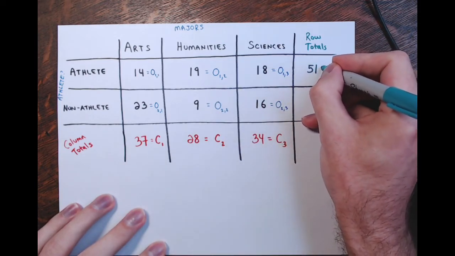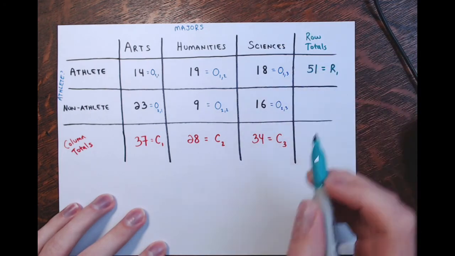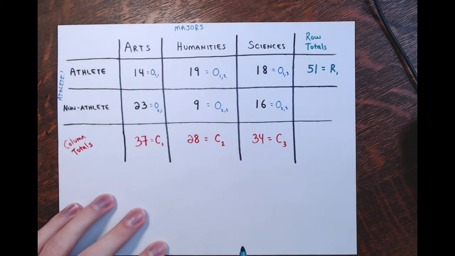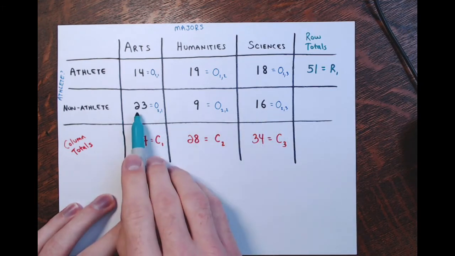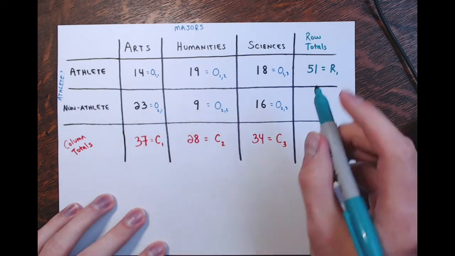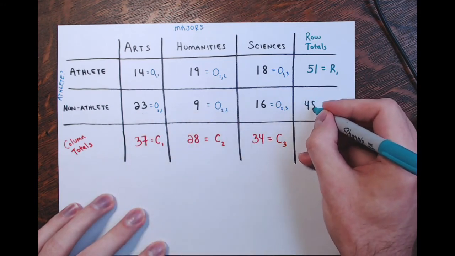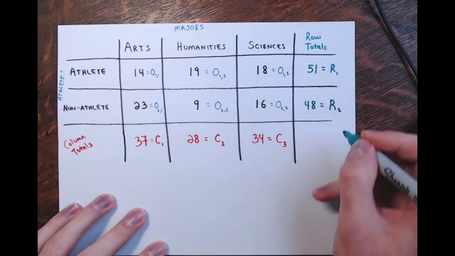I'll call this R1 for the first row total. And then the rest of the students were in the second row, the non-athletes, and that's 23 and 9 is 32, plus 16 is 48. So 48 of these students were non-athletes. I'll call this R2.